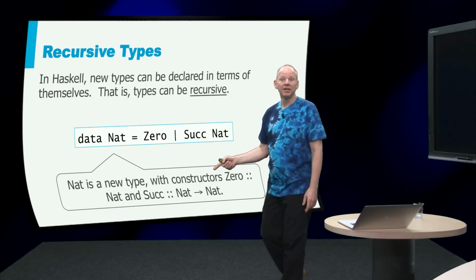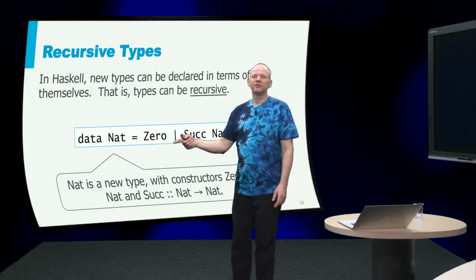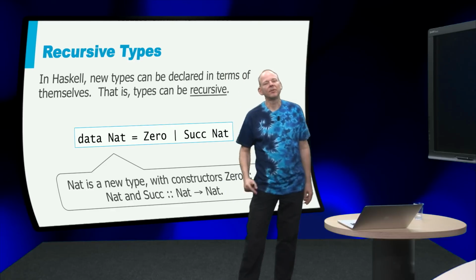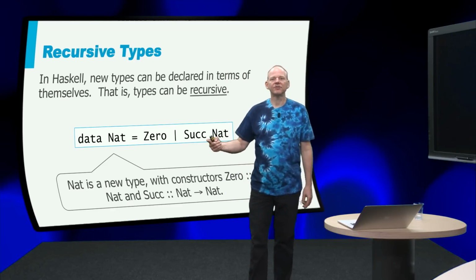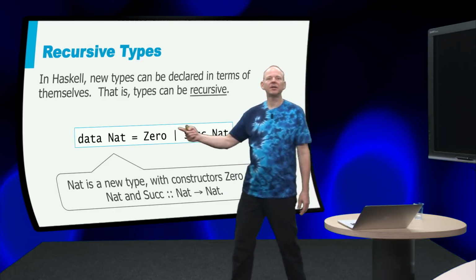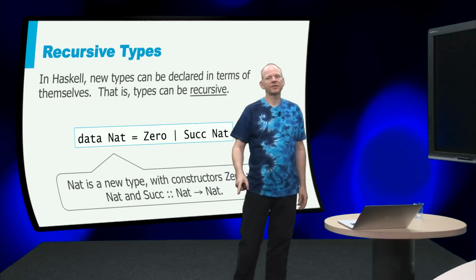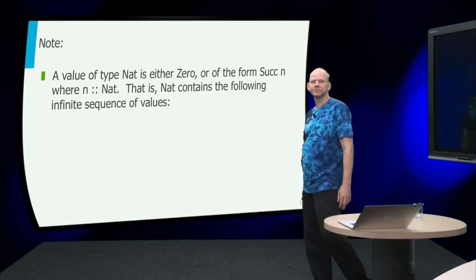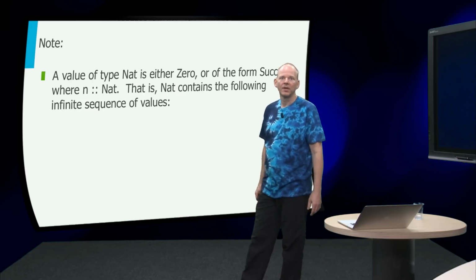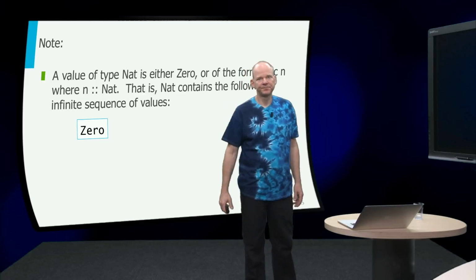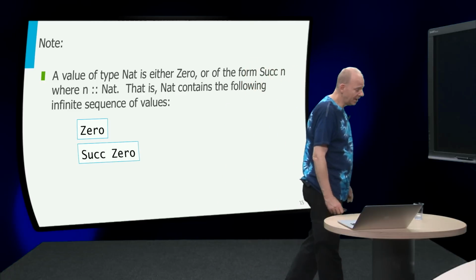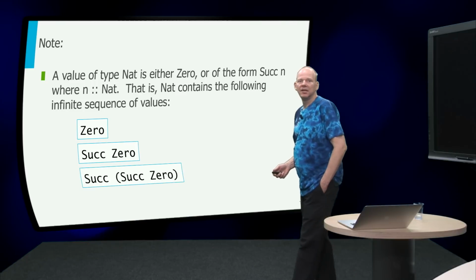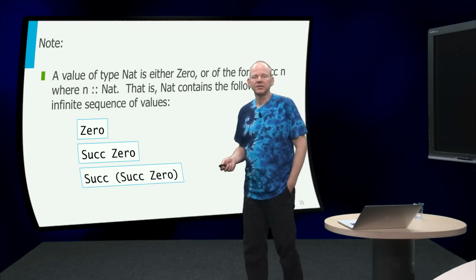If you look at the types of the constructors, 0 is a function that takes no arguments and returns a natural number. And Suc is a function that takes a natural number and returns another natural number. Those are the types you see there at the bottom. If we look at all the values of this type, you will see that it starts at 0. That's the base case.